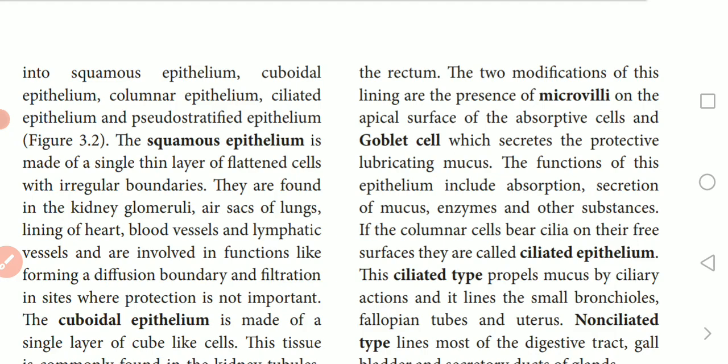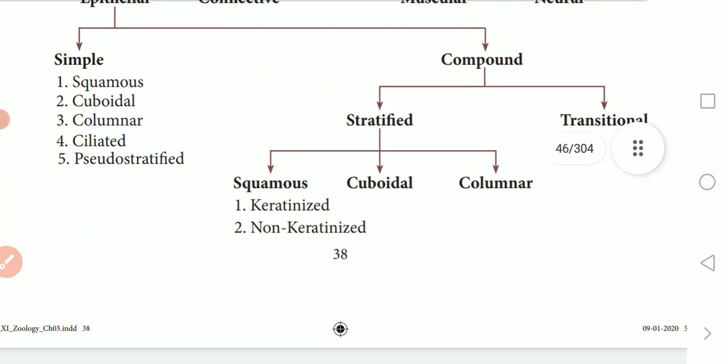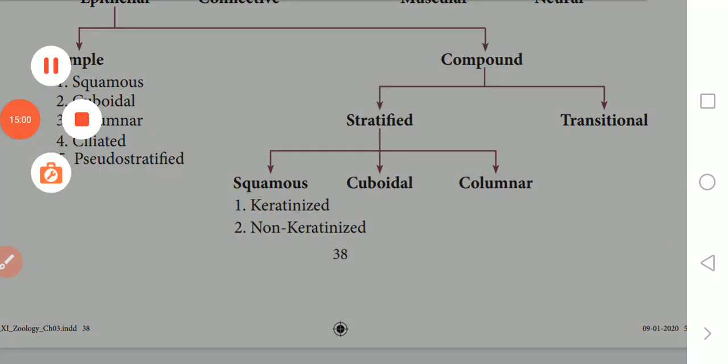Endocrine glands secrete hormones. What are hormones? They are a type of chemical substance. Exocrine glands secrete enzymes. The exocrine glands are divided into unicellular and multicellular.